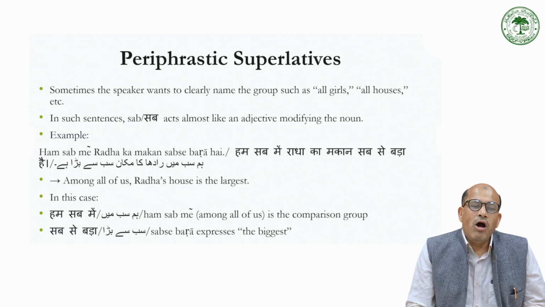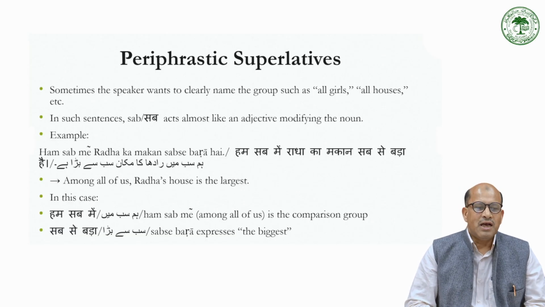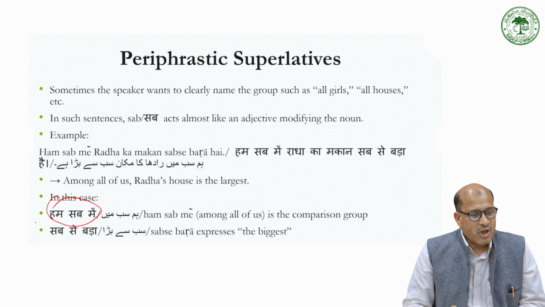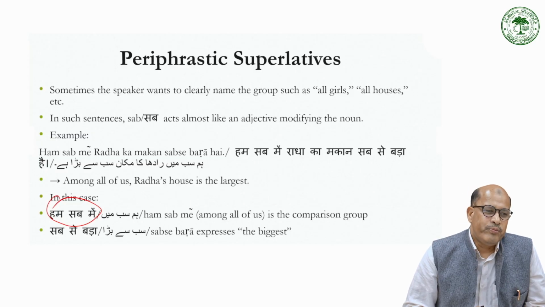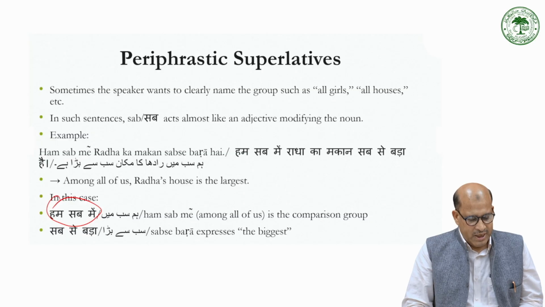So among all of us, Radha's house is the largest. In this case, हम सब में, among all of us, is the comparison group. सबसे बड़ा expresses the biggest.